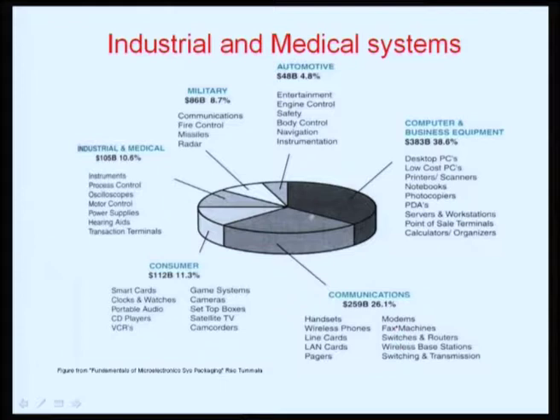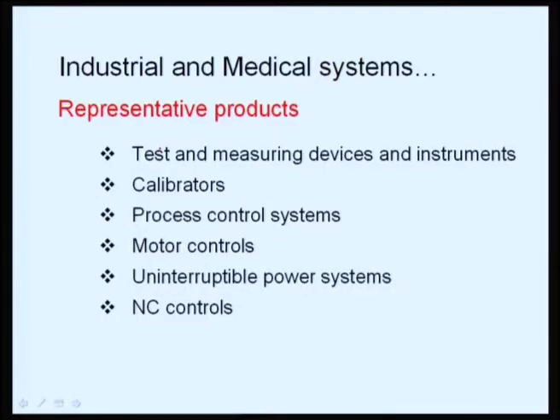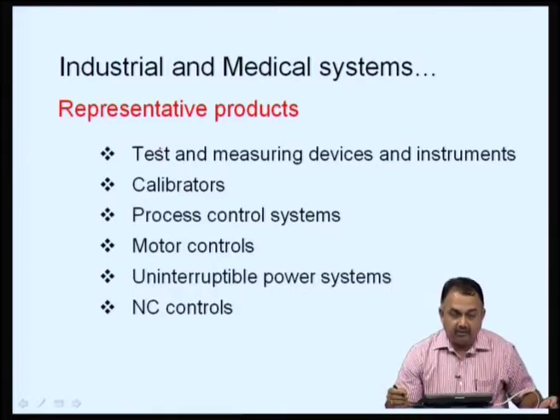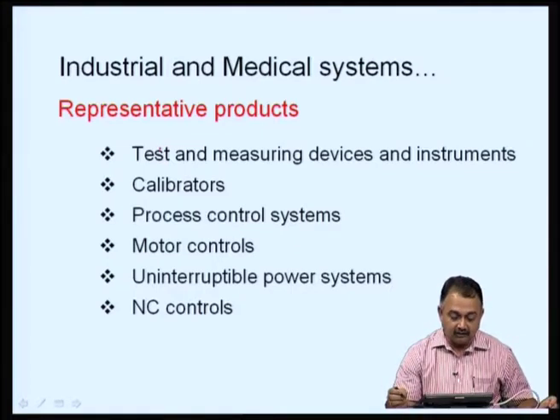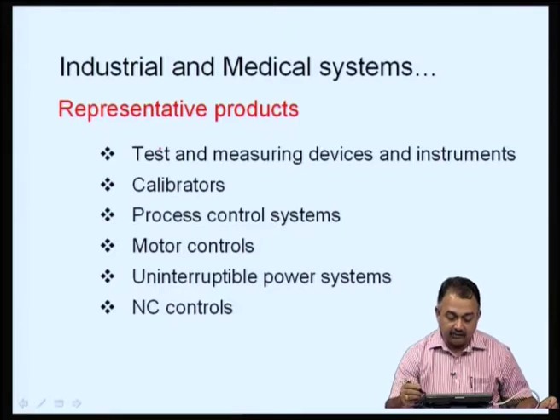Now, we will go into another sector called industrial and medical systems. As part of this pie, as you can see, industrial and medical systems is about 11 to 12% in the updated figure of the global market scenario. If you look at the representative products in industrial and medical systems, we talk about test and measuring devices and instruments that are used in medical care and industrial systems.